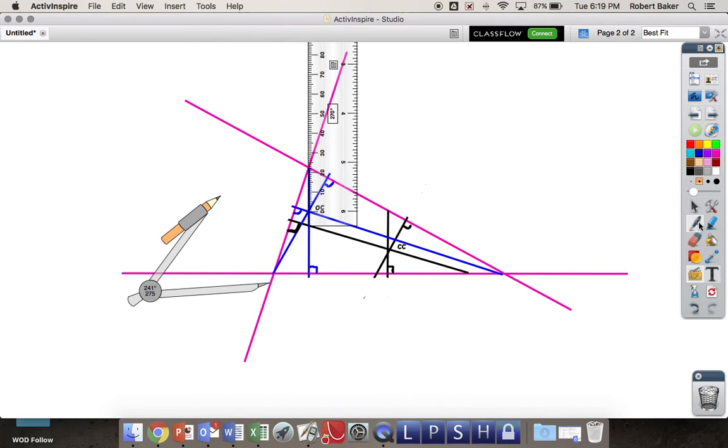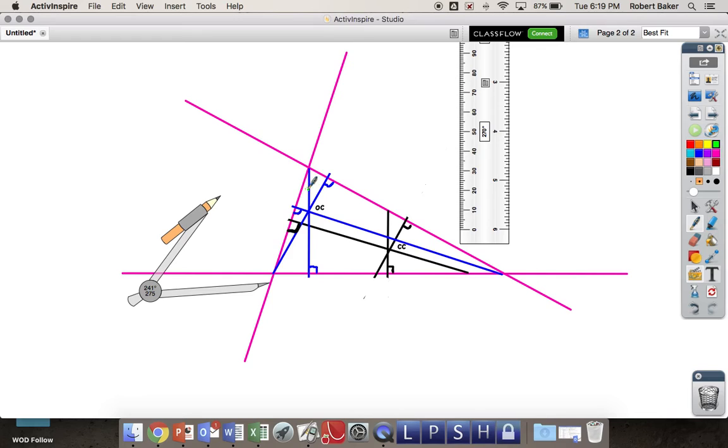So half of 22 is 11. I'm going to, in green ink, mark 11 right there. And that should be the midpoint of the vertex to the orthocenter.